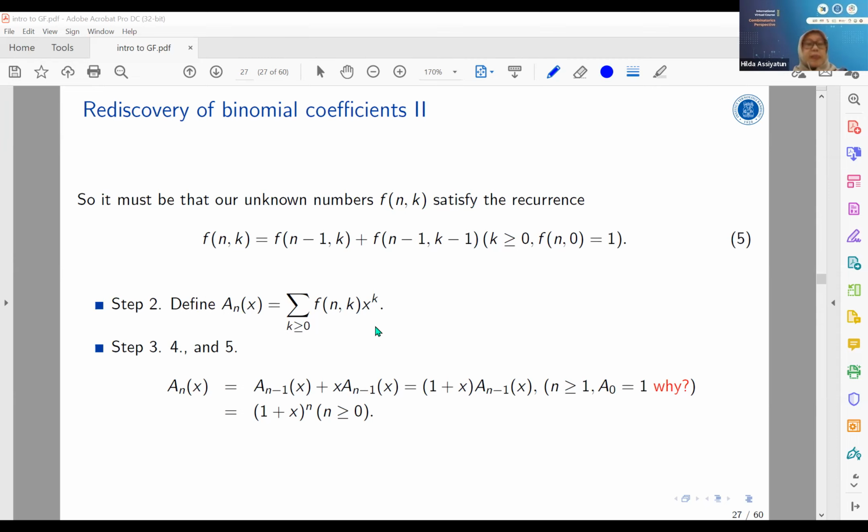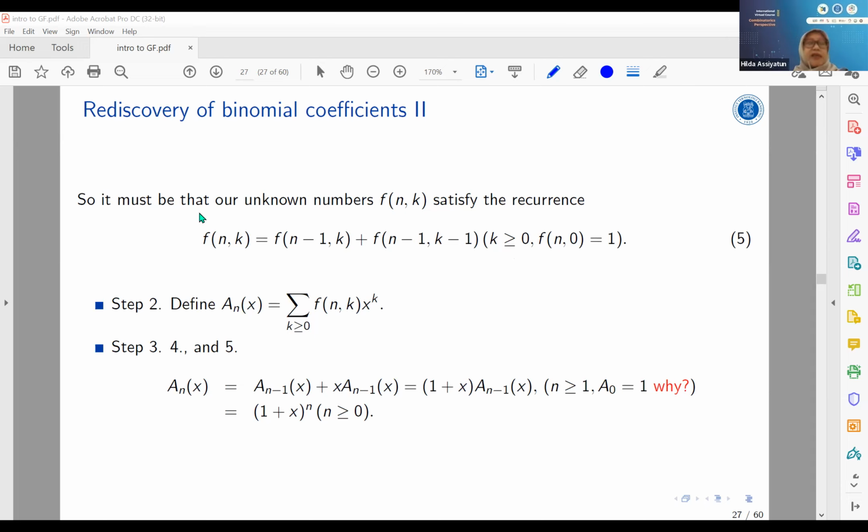What's next? We multiply both sides by x to the k and sum over this range of k.